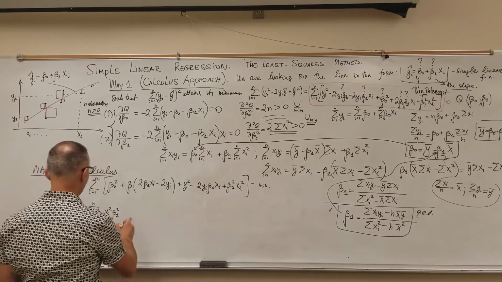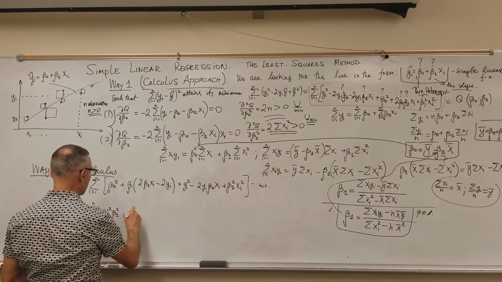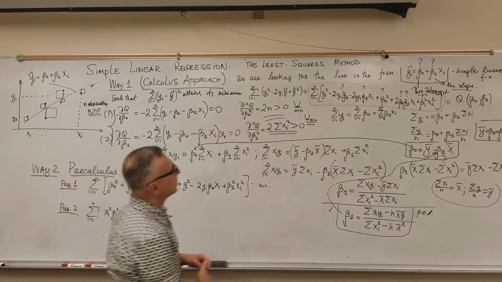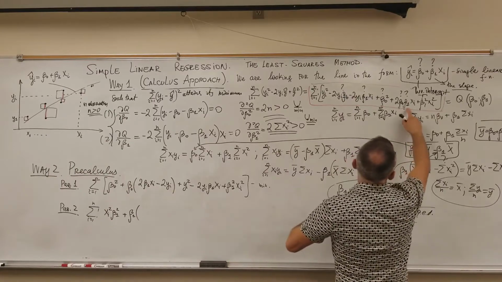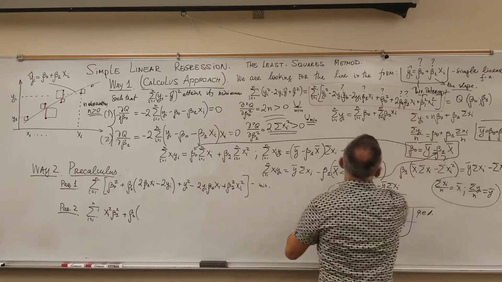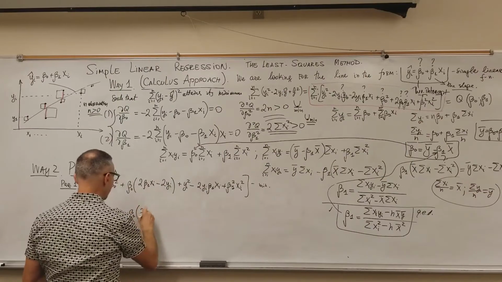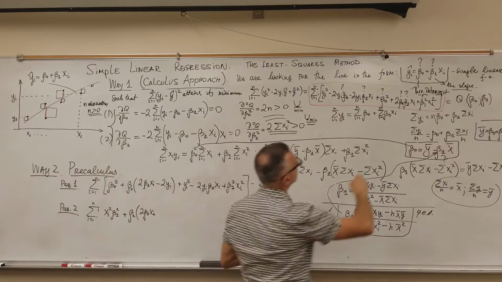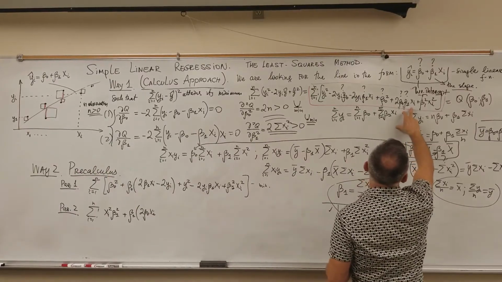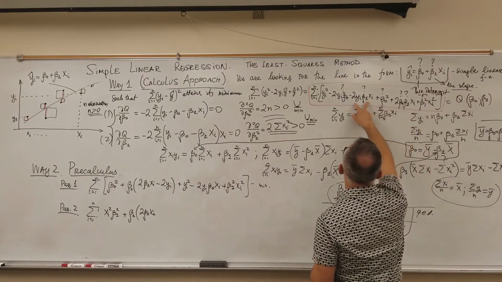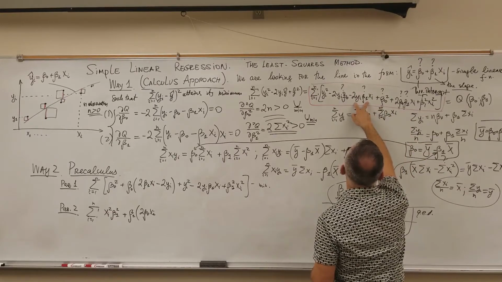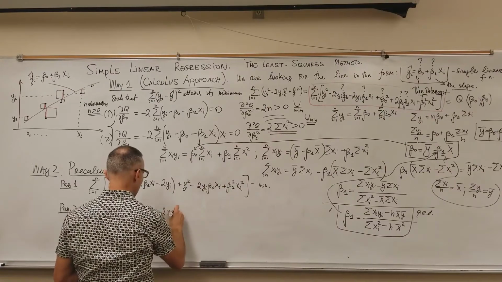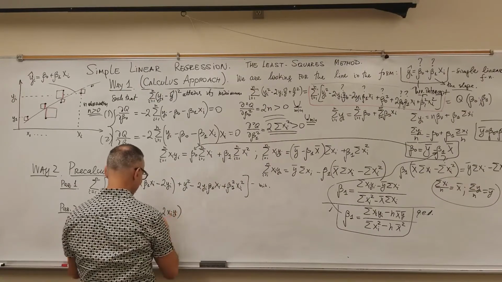Now let me collect the beta 1 terms: from this term we'll have 2 beta 0 xi, and from this term minus 2 xi yi.